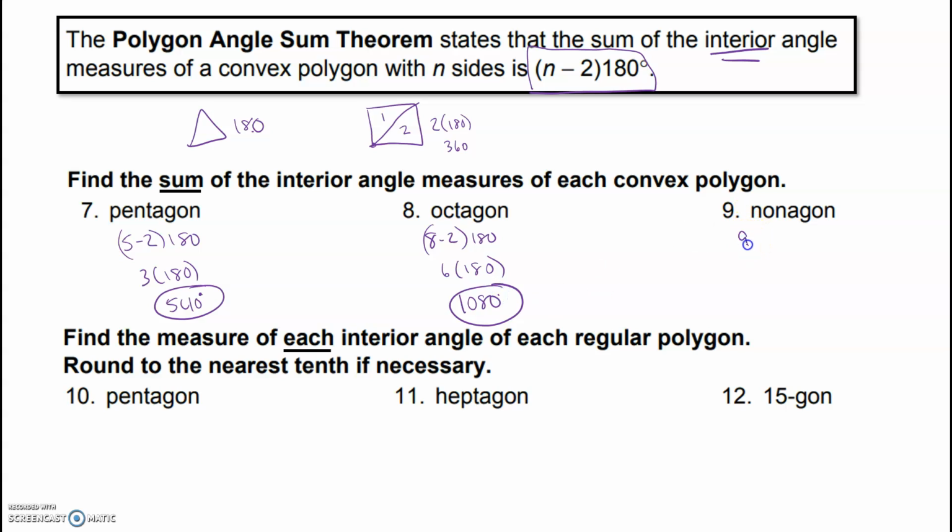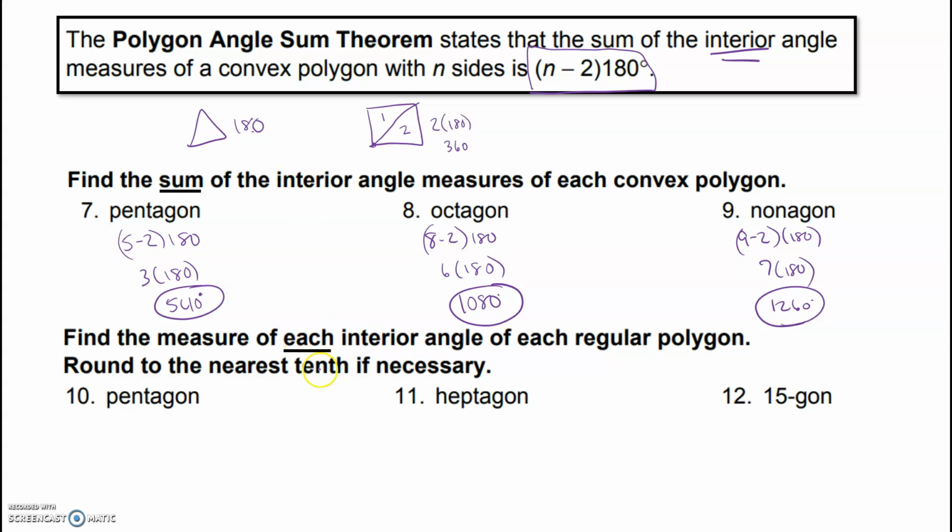And then nonagon, 9 minus 2 times 180, so you got 7 times 180, and you get 1260. So using that angle sum for interior angles.